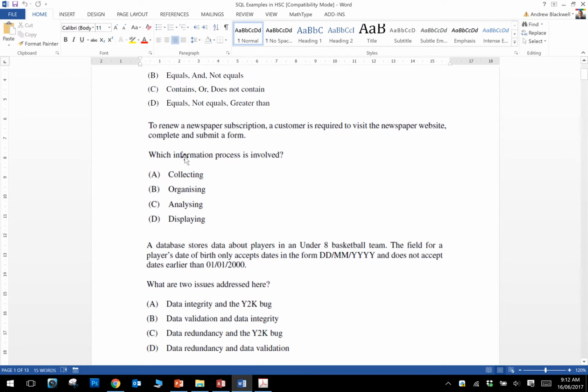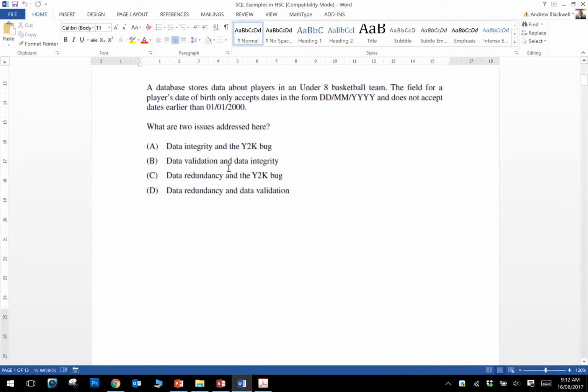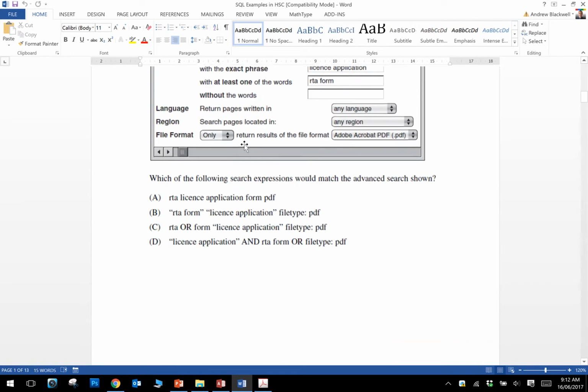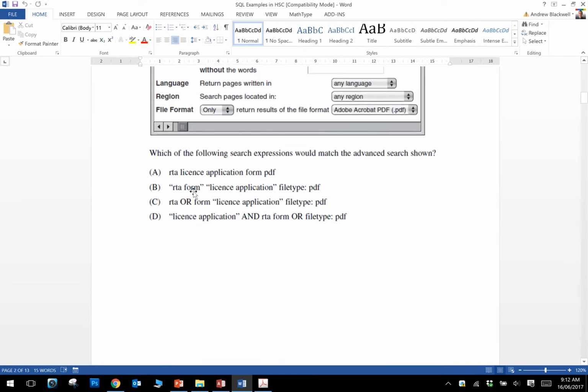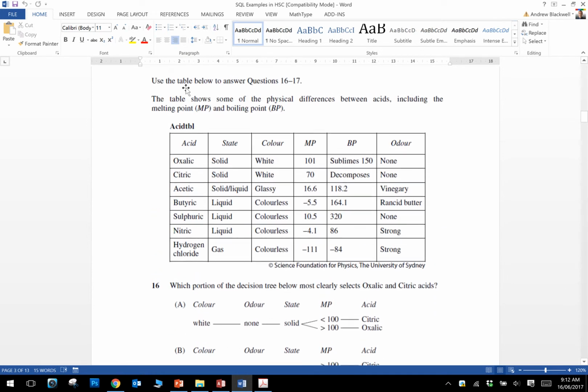This one here is looking at the information processes, and we talk about the Y2K bug, and I'll talk about that later. If we move down, you can see that this is a search one. You can see 'and', 'or', we talked about those, what's known as logical operators. And if we keep scrolling, we get tables with data in them.